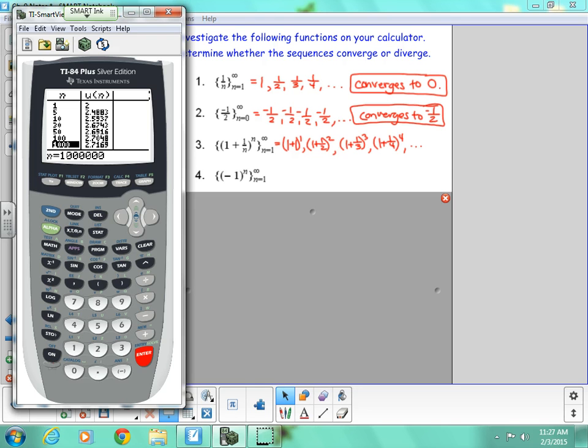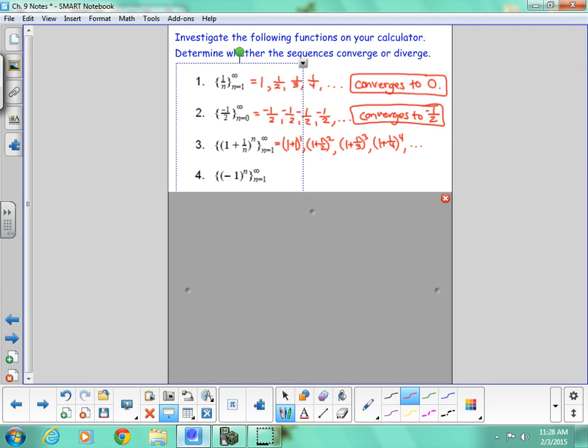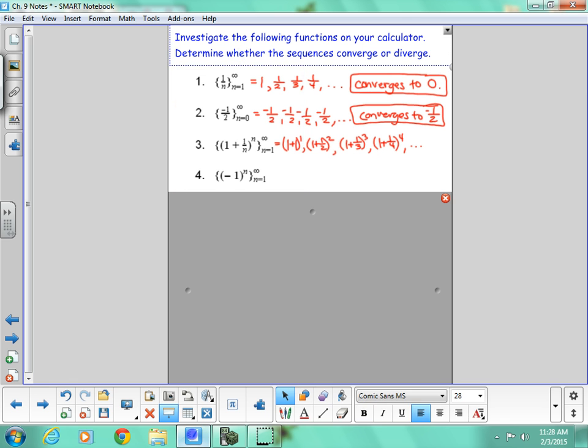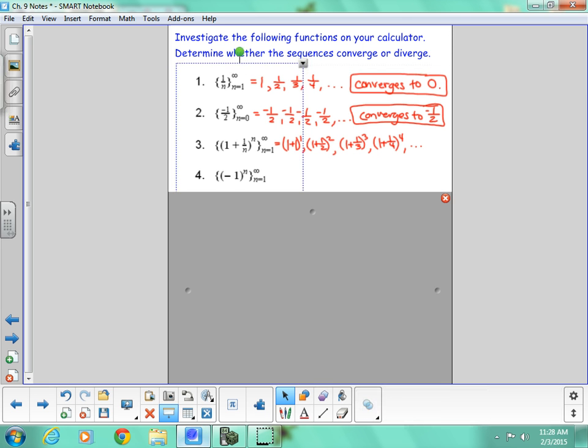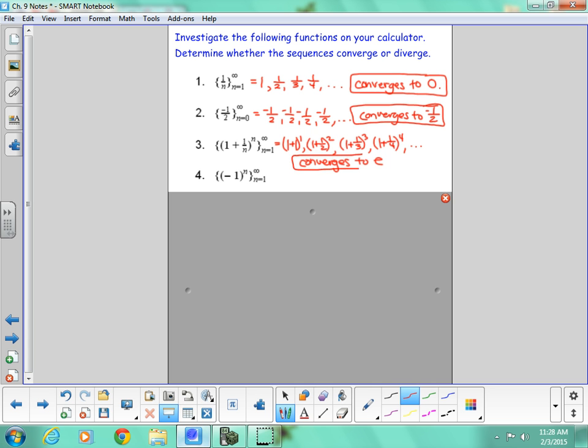Oh, this is going to take forever. I'm going to let that keep thinking as we come over here and say, this is why this isn't exploratory. But guys, there are going to be some formulas we need to memorize. But this does converge to e, which is interesting.